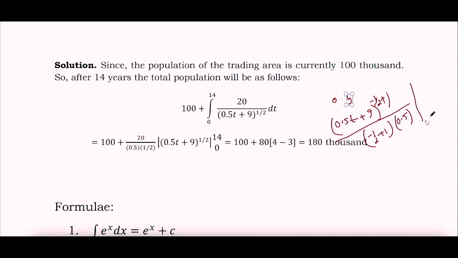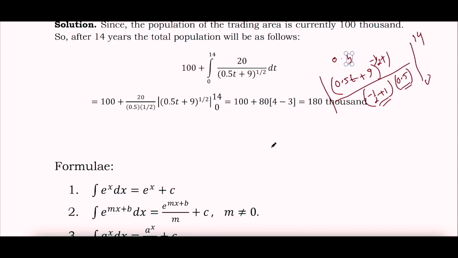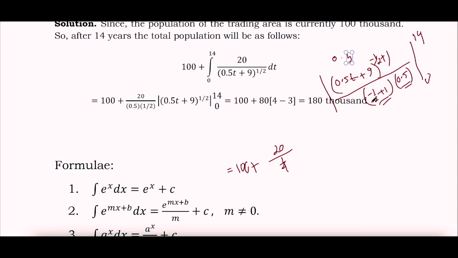Lower limit 0, upper limit 14. This is the integration that we did here. And here you have half, here you have half. So what will be the result? 100 plus 20 by half into half, 1 by 4. You have 1 by 4 in the denominator.